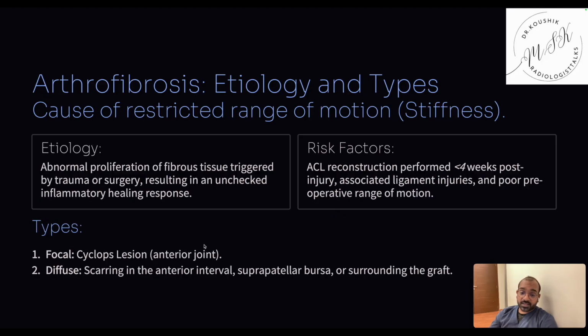One of the dangerous complications post ACL reconstruction is arthrofibrosis. So what happens in arthrofibrosis? Abnormal proliferation of fibrous tissue triggered by trauma or surgery, resulting in an unchecked inflammatory healing response. Because of this, there is a lot of fibrous tissue burden within the joint.